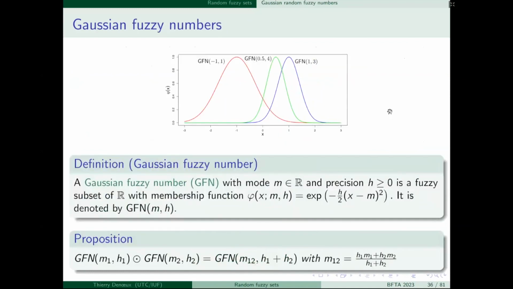Actually, it's not even a delta function because it's a real function. It gives us, if H is infinite, this membership is 1 if X is equal to M and 0 otherwise, so it's even an ordinary function.